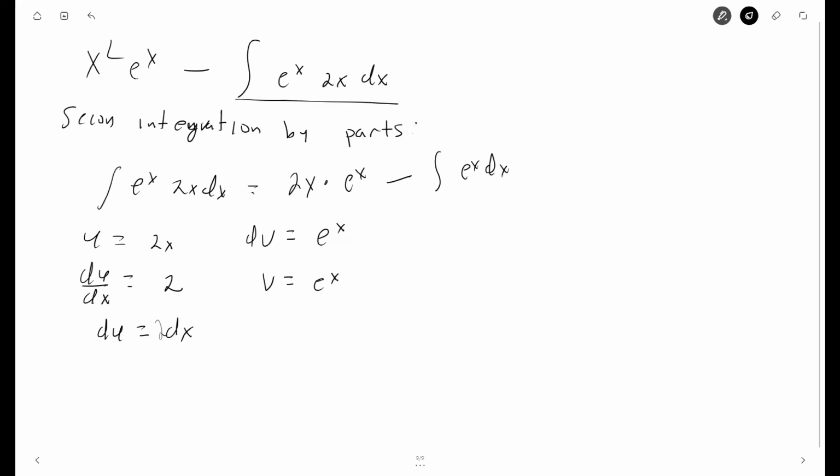Of course we have the 2 here, so it's equal to 2x e to the x minus, and we can pull out the 2, 2 times the integral of e to the x dx. That's equal to 2x e to the x minus 2 e to the x plus c.